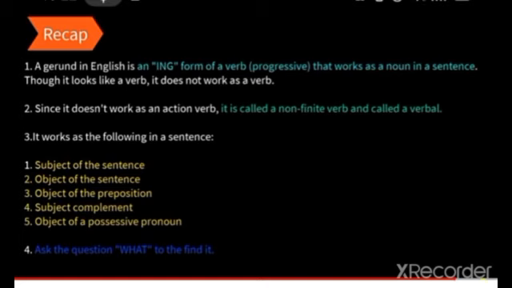And how do we identify gerund? Ask the question what to find it, which will answer the question what is the gerund. So class, I do hope now you are clear what is gerund and what is the function of gerund in a sentence.